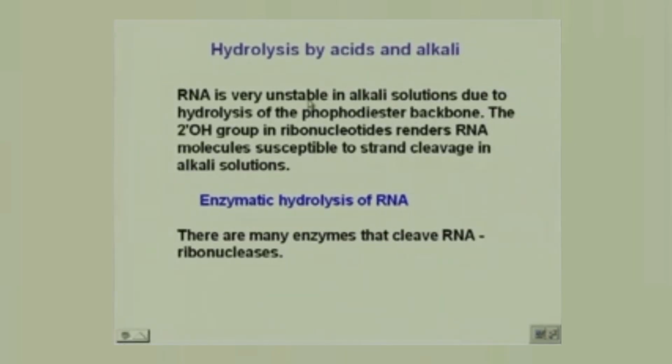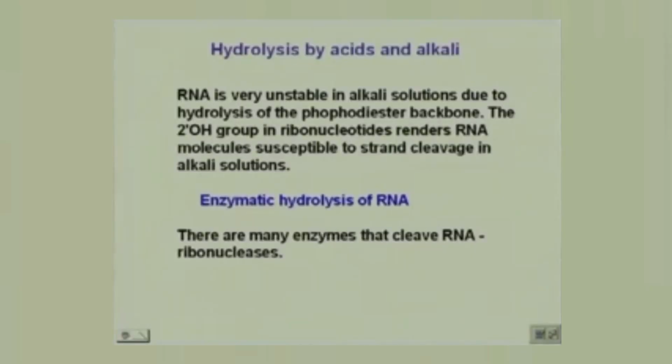Basically, because of that 2 prime OH that is present, there is always a possibility of hydrolysis of the phosphodiester backbone, and this renders your RNA susceptible to strand cleavage. So, your RNA strand that was a single strand is going to easily cleave, right, because of the OH being present there. Even under mild alkali conditions, it is going to break up.